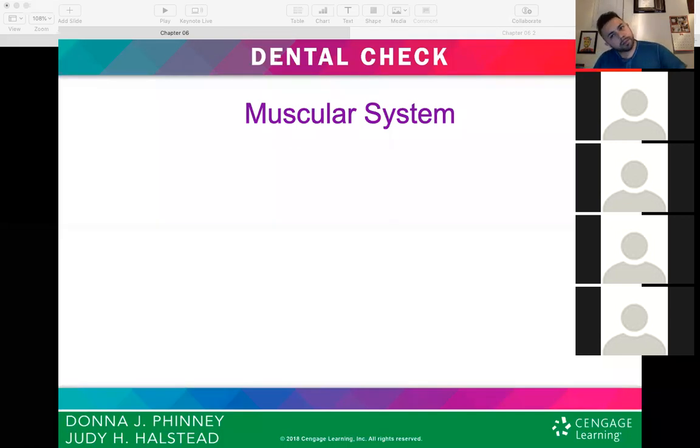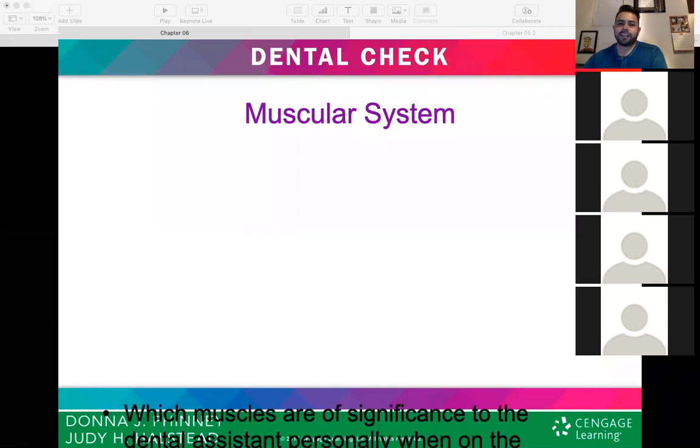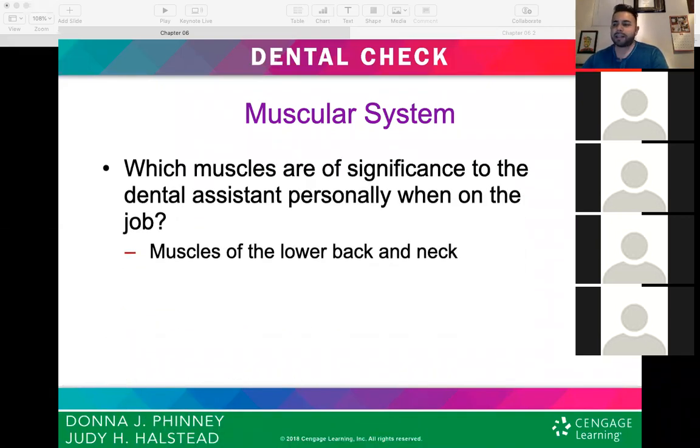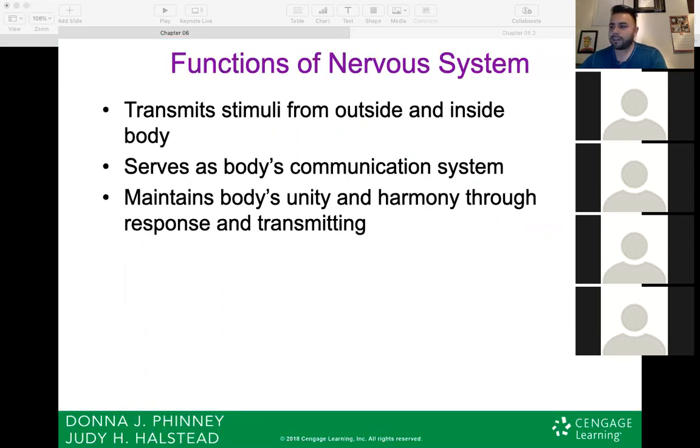When we're looking in someone's mouth... Your neck. Your neck, yes. So it's muscles of the lower back and neck that are of most significance to us personally when we're on the job. For those reasons, we want to make sure that we're stretching, getting up and moving our heads and our backs around, because you can mess up your neck and your back pretty good on this type of job. All right, let's move on.